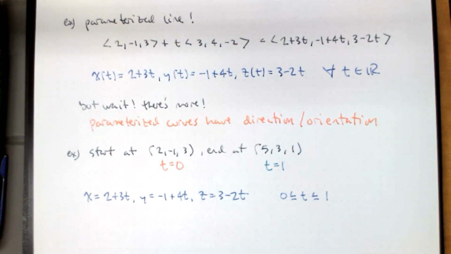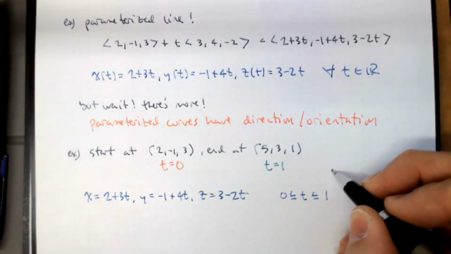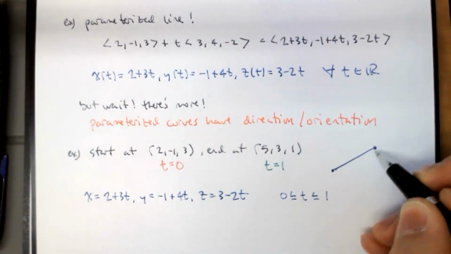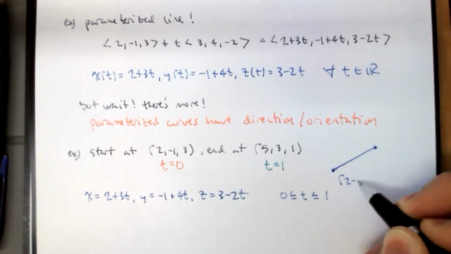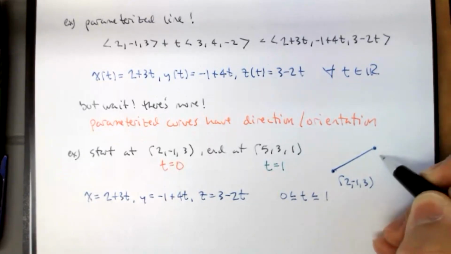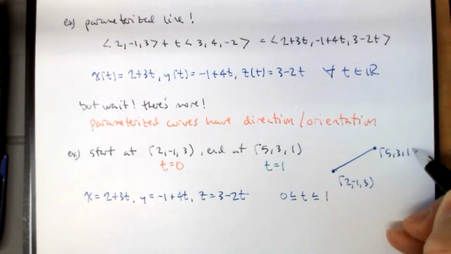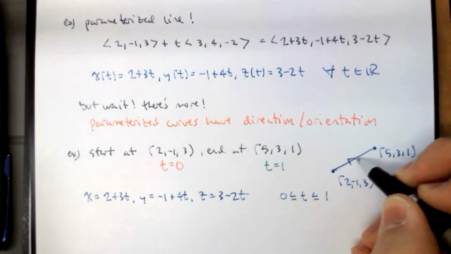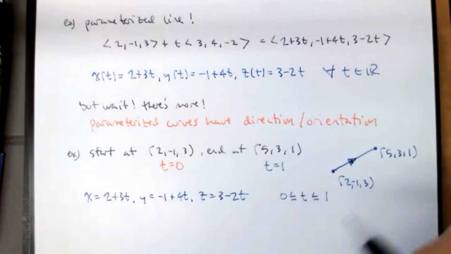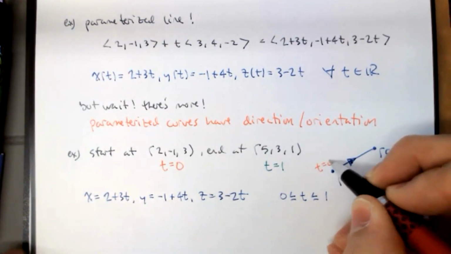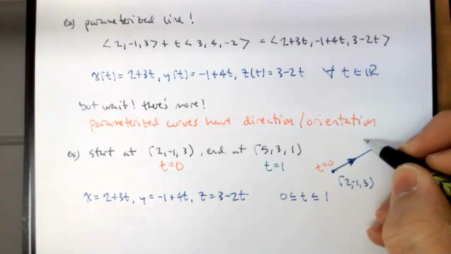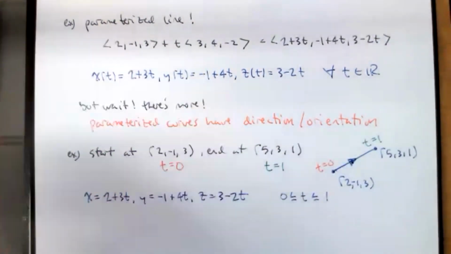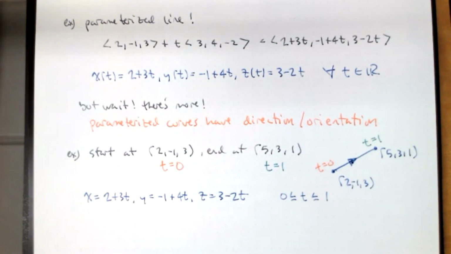And that will be just the segment from 2, -1, 3. That'll take us from t equals 0 to t equals 1.